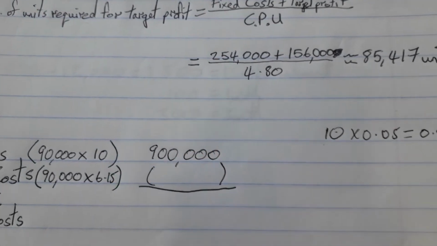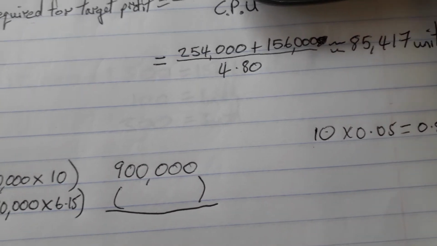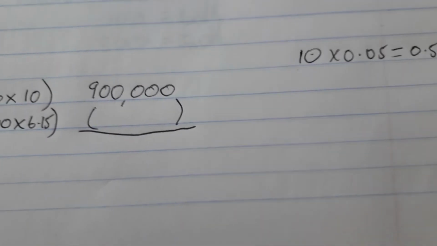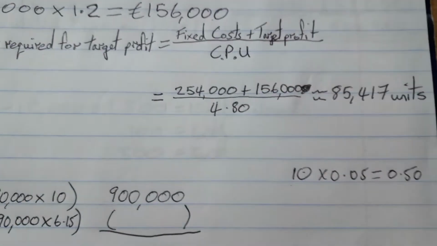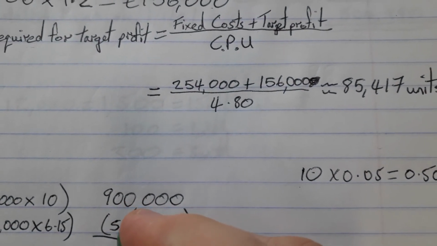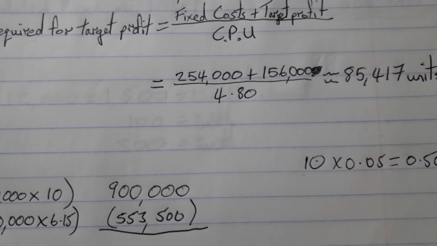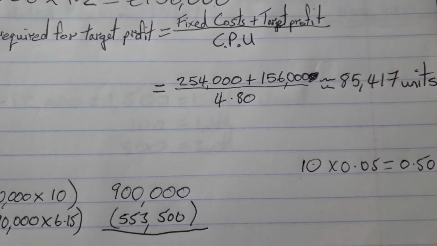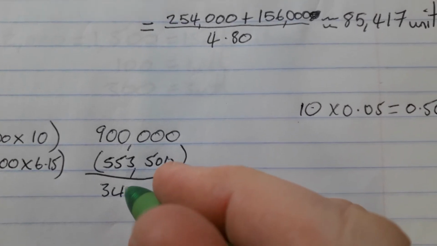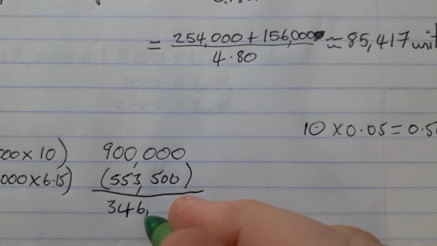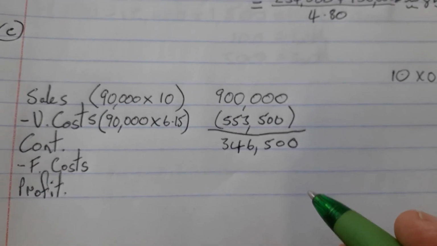If I multiply the 90,000 by the 615 on a calculator, I get 553,500. Then if I subtract that from the 900,000, I get 346,500. That's my contribution.